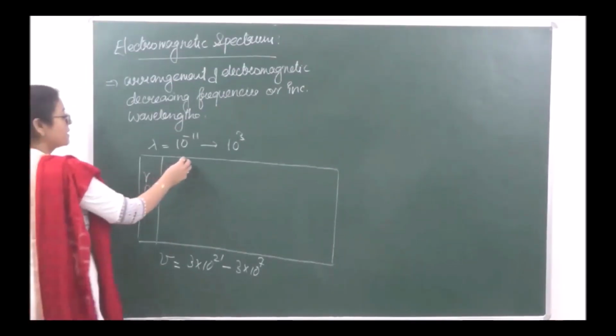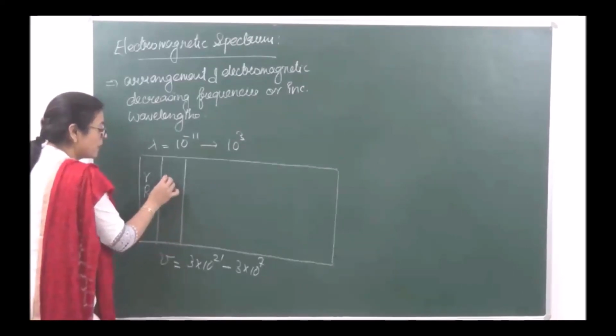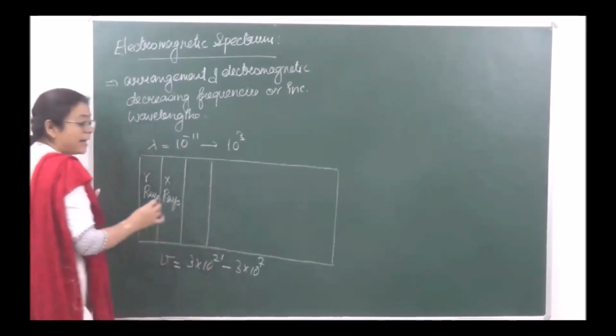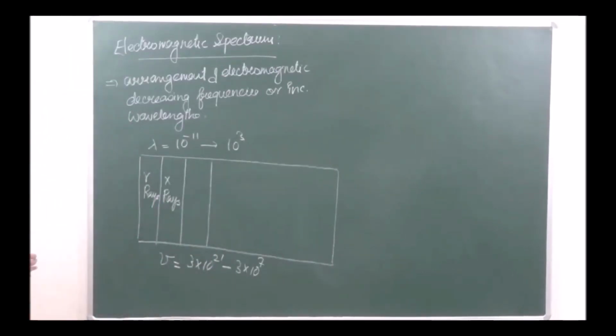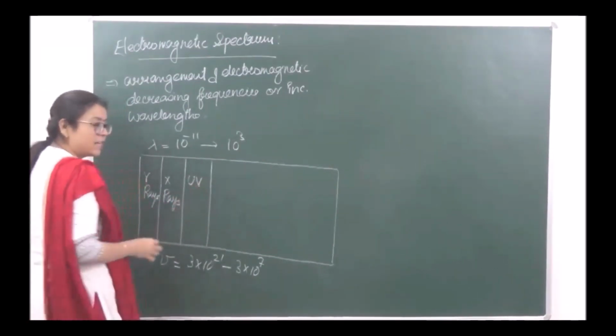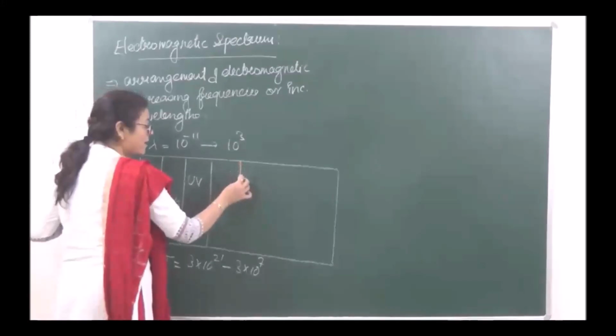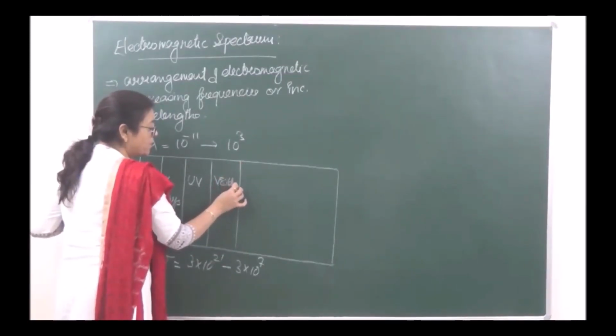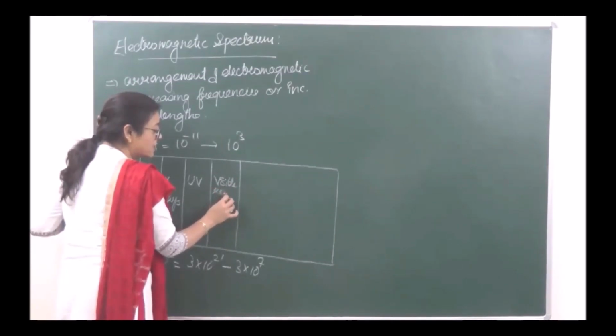Then after that are the X-rays, and after X-rays we have the UV region, that is the ultraviolet region, and then we have the visible region. This is one of the important regions because this is all what we can see.